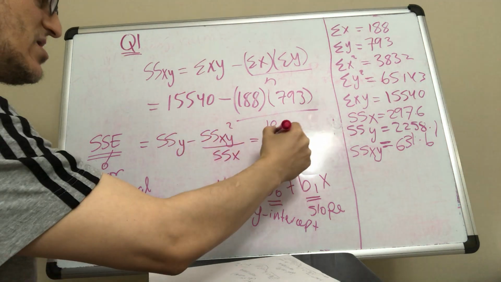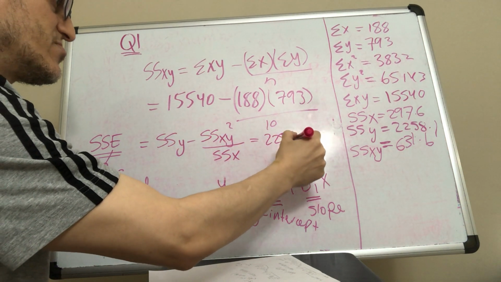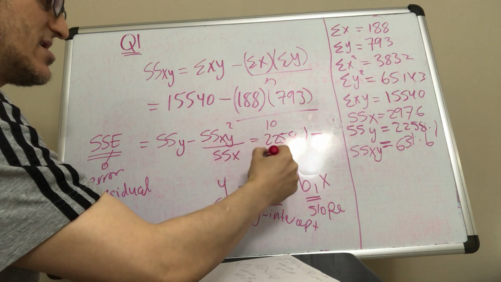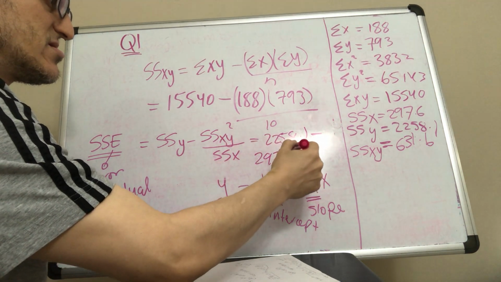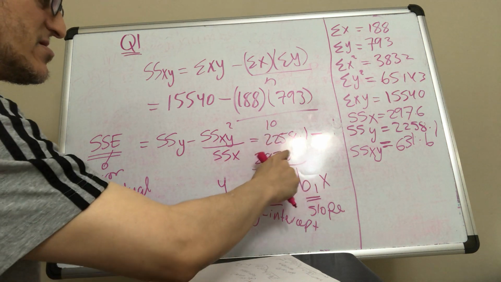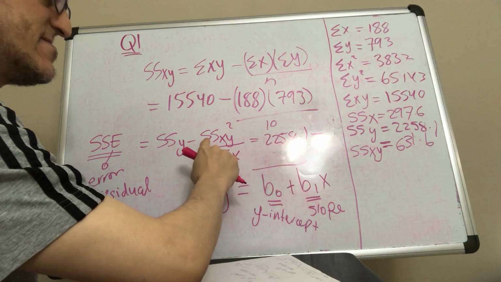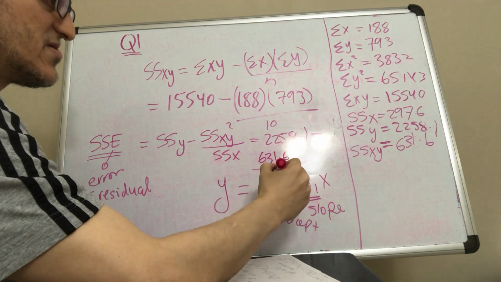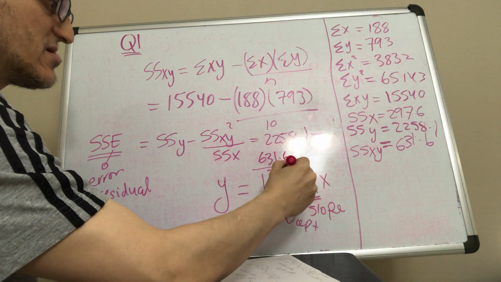So your SSY, that's 2258.1, SSXY is 631.6, and the SSX is 297.6.